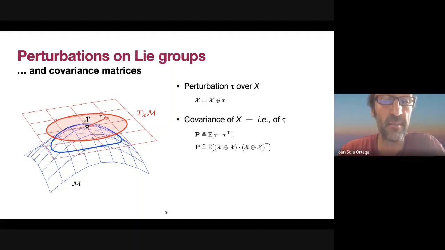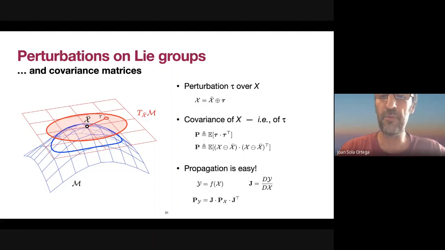And this minus is the minus we defined for the Lie group. This formula is the same, except for this minus, as the formula you use to define covariances in linear spaces, where you just use a regular minus sign. Here you just substitute this circled minus sign, and you get a perfectly usable formula for covariances.